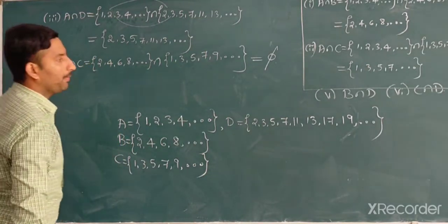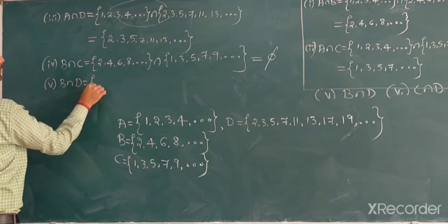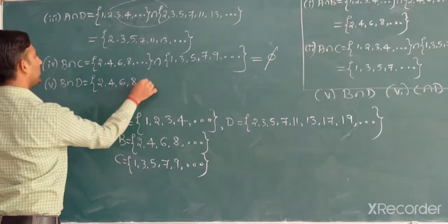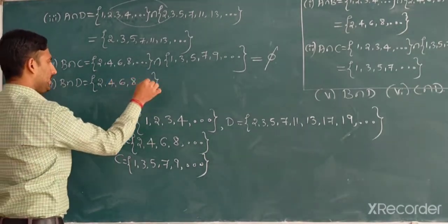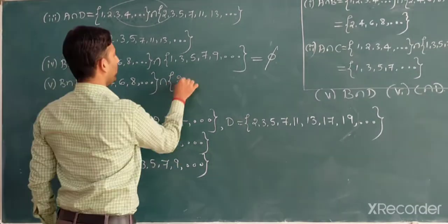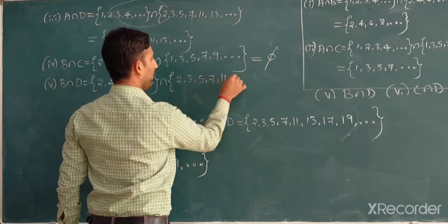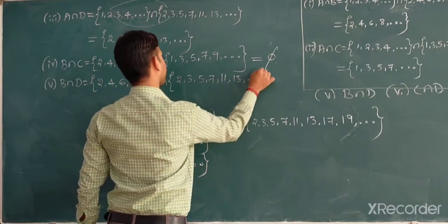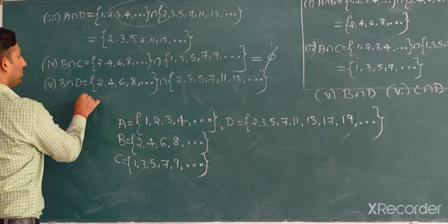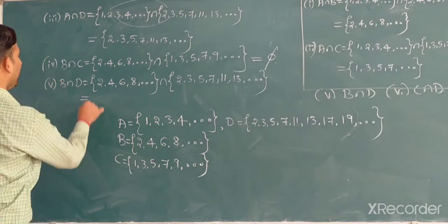Fifth one is B intersection D. B is nothing but 2, 4, 6, 8. B intersection D: D is 2, 3, 5, 7, 11, 13 like that. 2 is the element.